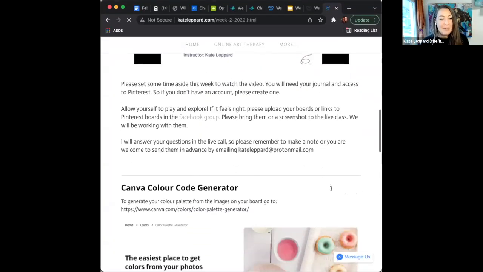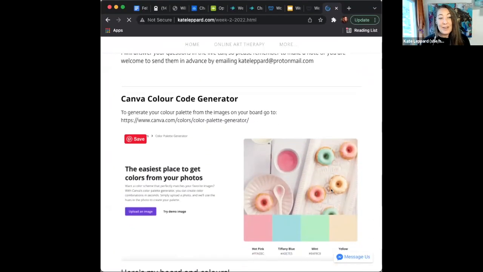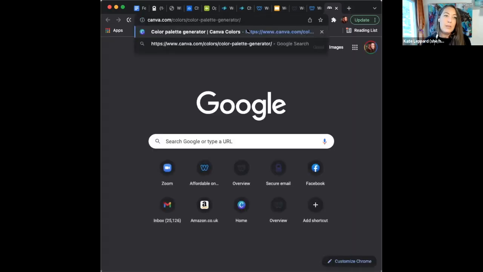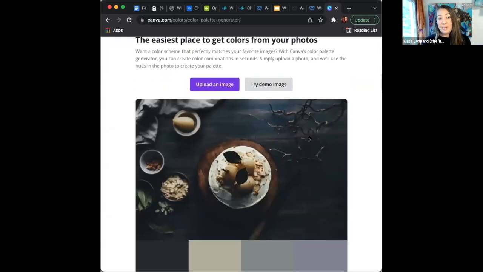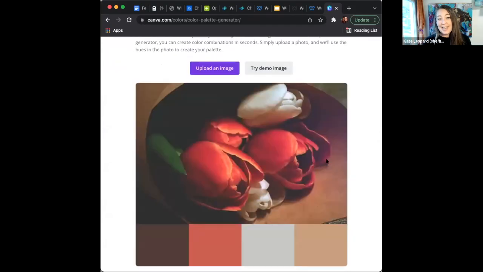So here's week 2 of our page, and it's called the Canva Color Code Generator. Now that you have these boards, you can upload your photo, and I've put the link in there. You can try the demo image, and what it does is it gives you the main colors.